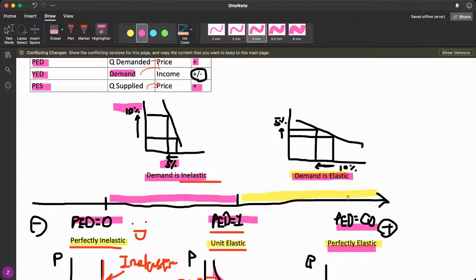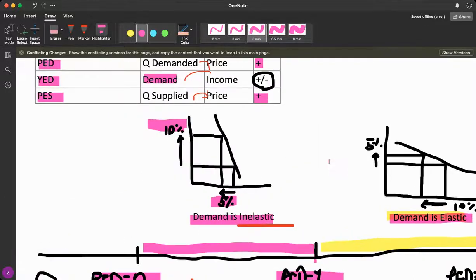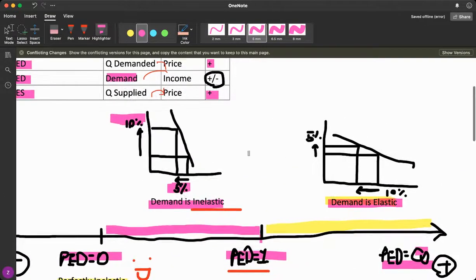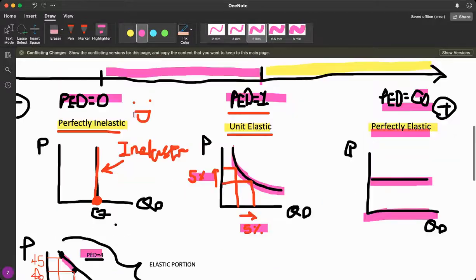but less than infinity. If we use the same scale, we can see that the inelastic demand curve is steeper as it approaches the perfectly inelastic curve, in this case the vertical line, and elastic demand is flatter, as you can see. But something super important that many students tend to forget is that the PED value actually varies as we move along the demand curve.